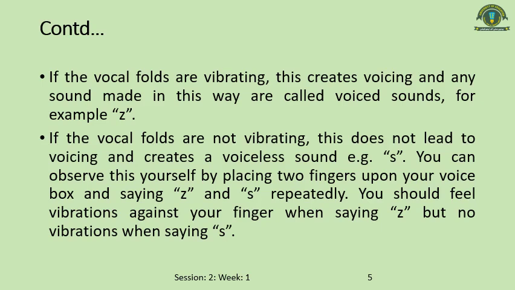If there is some sort of vibration, that is called a voiced sound. But if there is no vibration at all, remember that sound is known as voiceless. For example, the second statement says, if the vocal folds are not vibrating, this does not lead to voicing and creates a voiceless sound. For example, S.